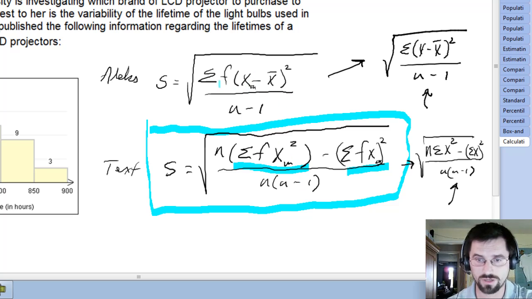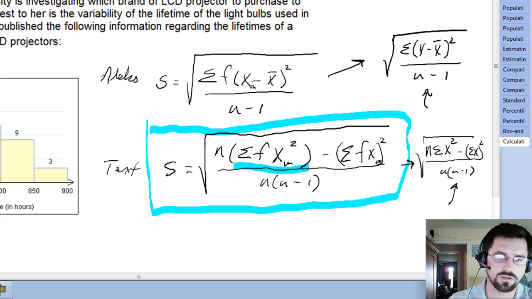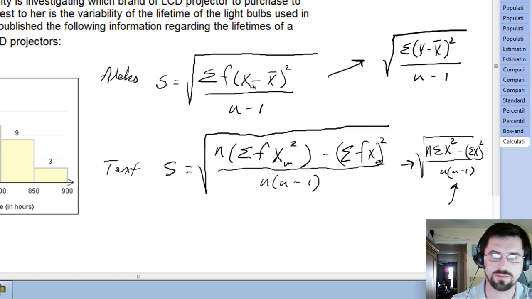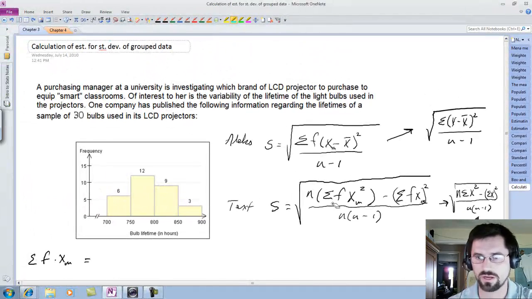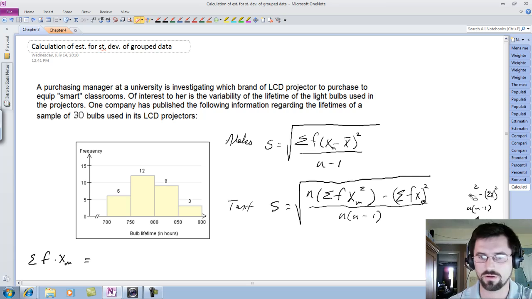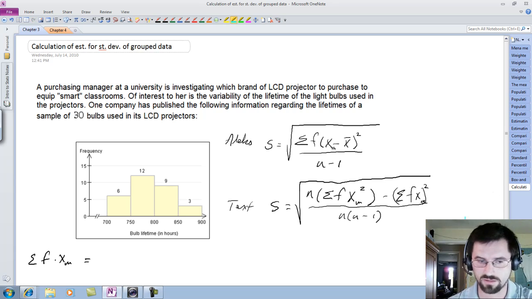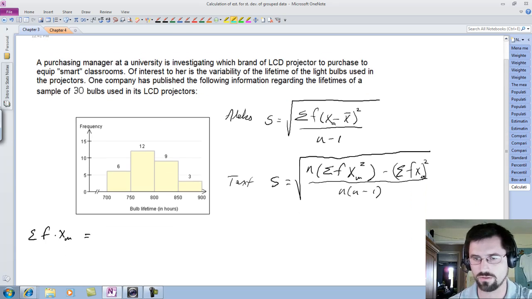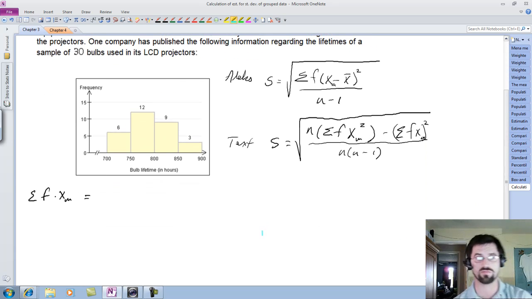When you do the other one, where you have to figure out the average, you divide by n minus 1 only. So it's not difficult if you can keep your equation straight. I'm going to do the textbook formula first, and then the other one after, so you can see that they come out to the same answer.